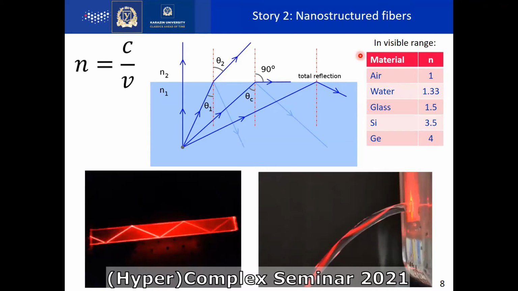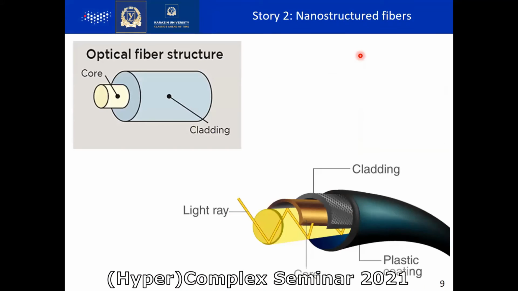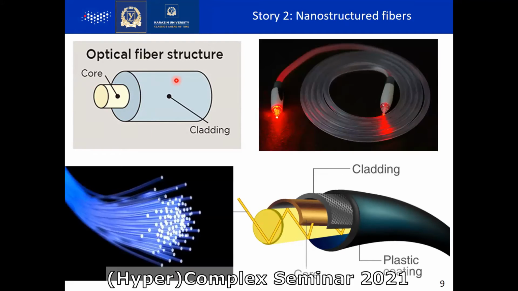This principle could be easily observed just with a laser and water, for instance. And it is the basis of optical fibers, where we use two types of glasses, so-called core and cladding, with slightly different refractive indices in order to hold the propagating light and transfer it over large distances, for tens of kilometers.